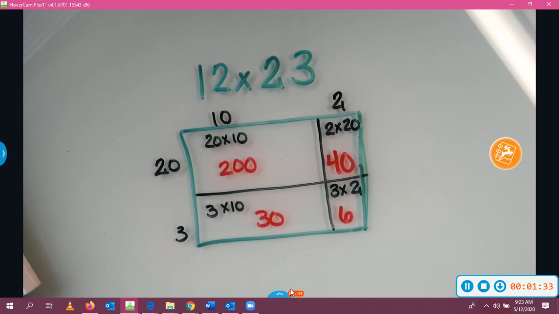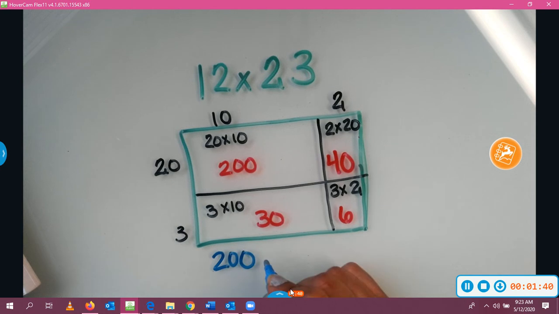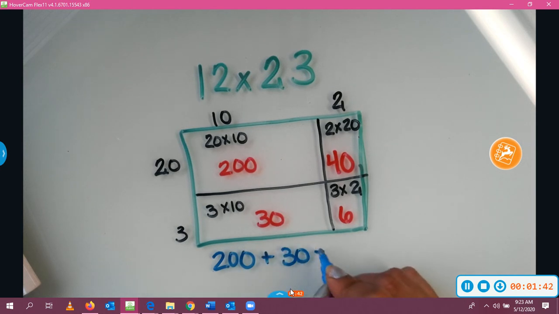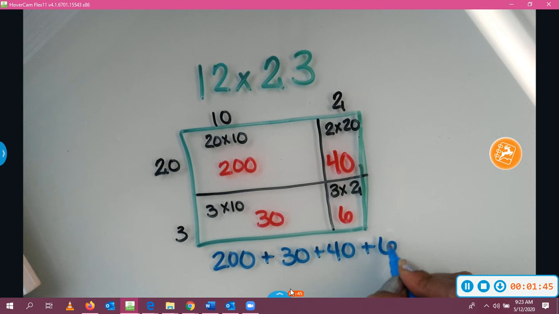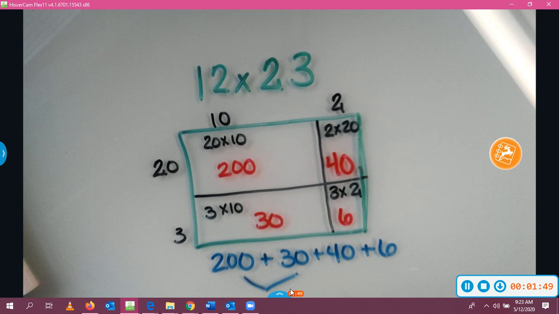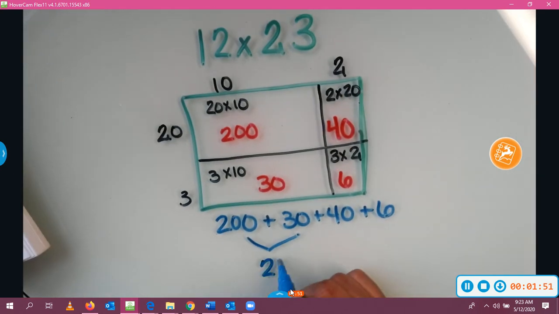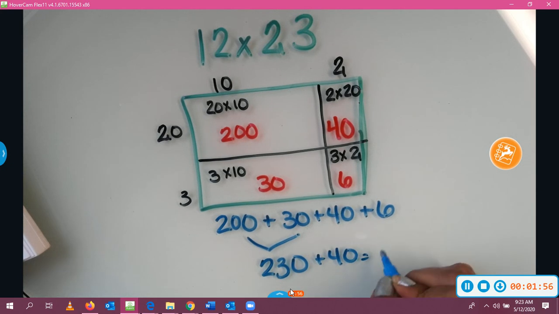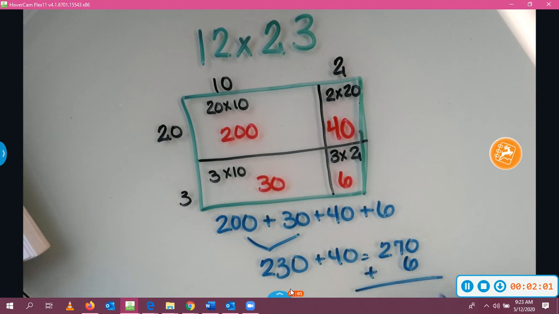So we have 200 plus 30 plus 40 plus 6. So 200 plus 30 is 230, plus 40, which gives us 270, plus the 6 will give us 276.